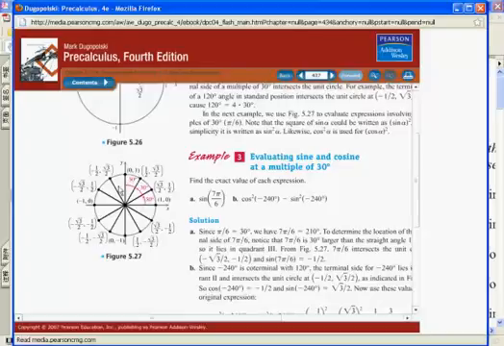Then 120, right? 1, 2, 3, 4, 4 times 30, you get the 120. So for the 120, cosine is equal to negative 1/2, and sine is equal to root of 3 over 2. And then here, 150, cosine is equal to negative root of 3 over 2, and sine is equal to 1/2.